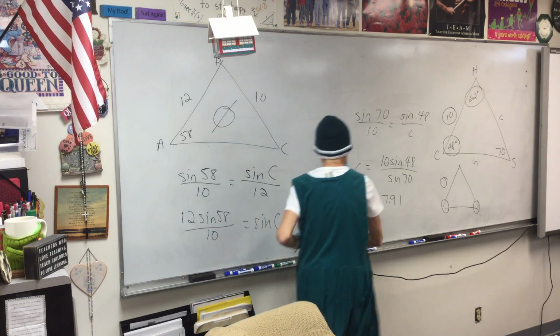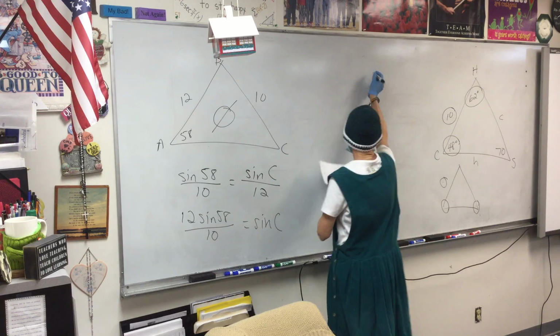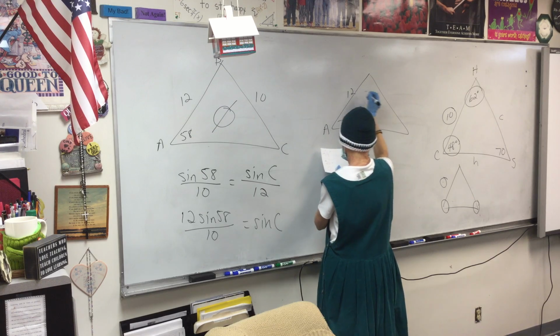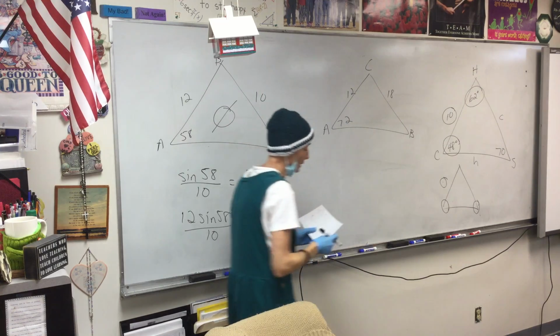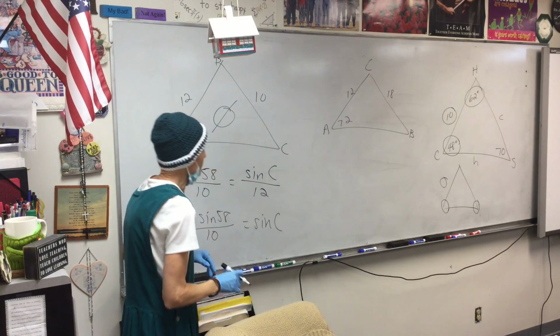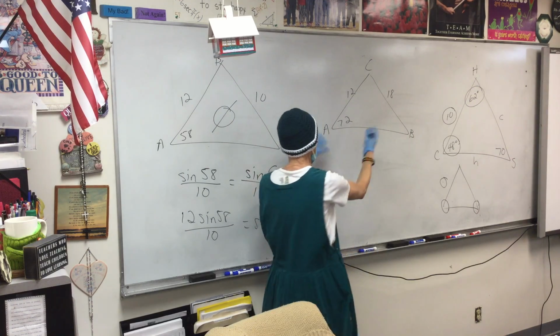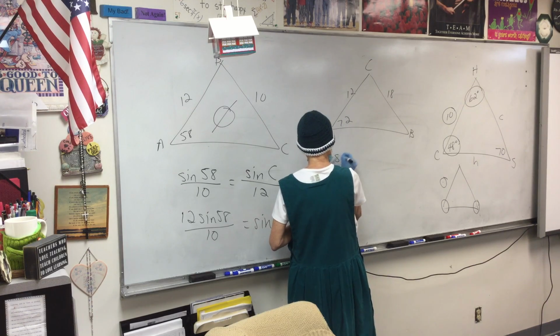Let's try another one. Here we go. Again, we're just tooling along doing our practice problems and you run into this one, and so we're going to say, okay, I'm going to set up my law of sines.